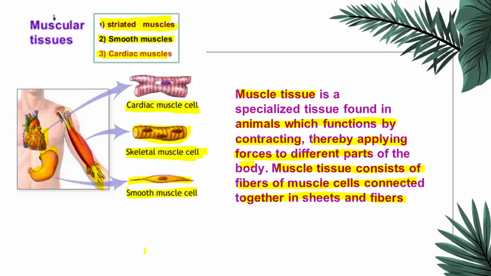The muscle cells have the important property that they can undergo contraction and expansion. Whenever the muscle cells or muscle fibers contract, they exert force on different body parts to execute the required function. So these are the things that I wanted to discuss in today's video.